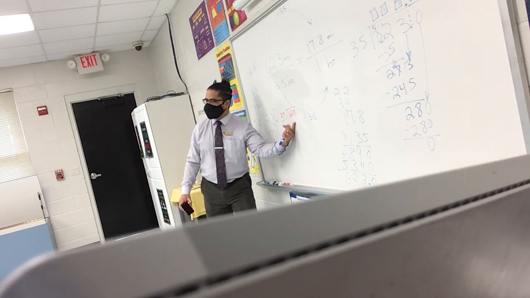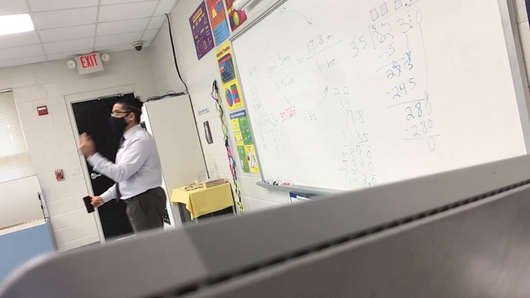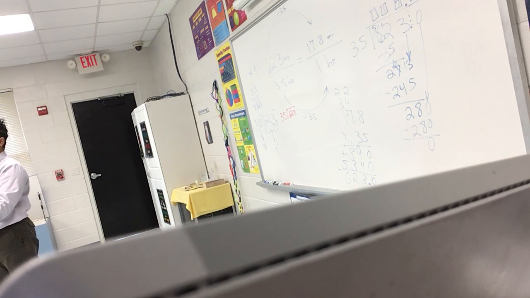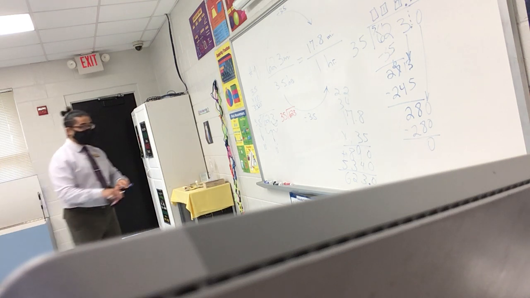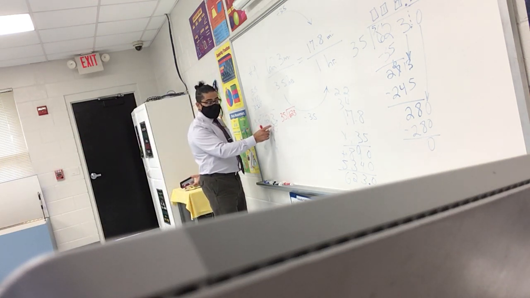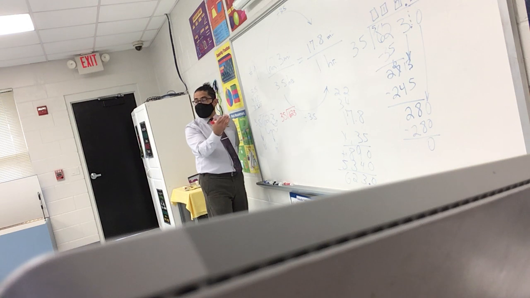Guys, is this Mongolian or are you following me today? Do you see the difference? So that is how they are different. How are they the same? Well, once I multiply dividend and divisor by some power of 10, what do I have left?